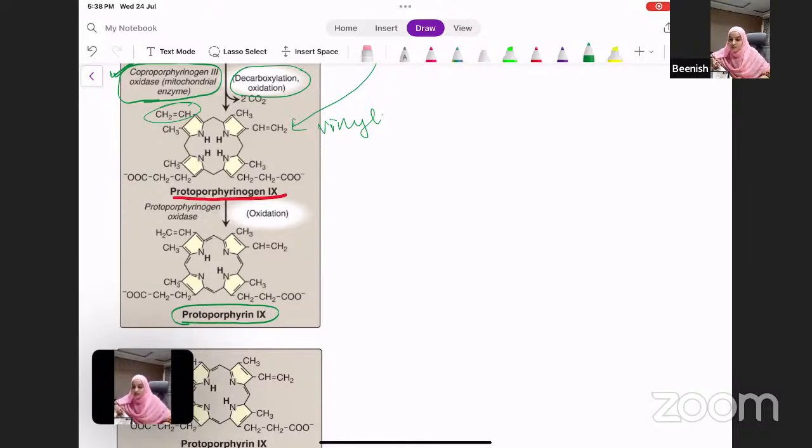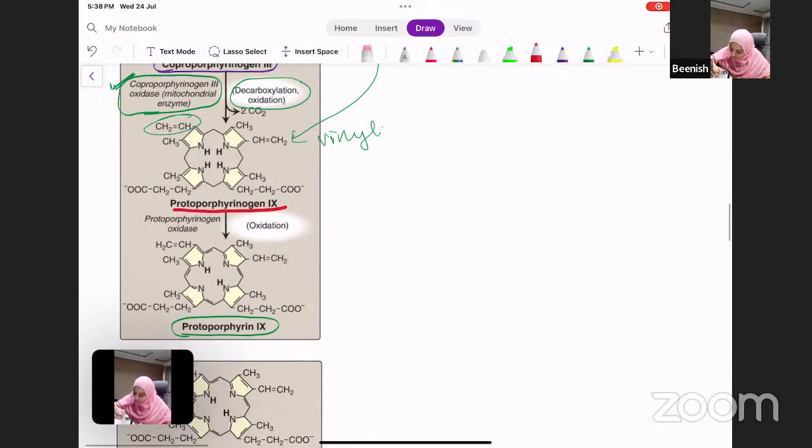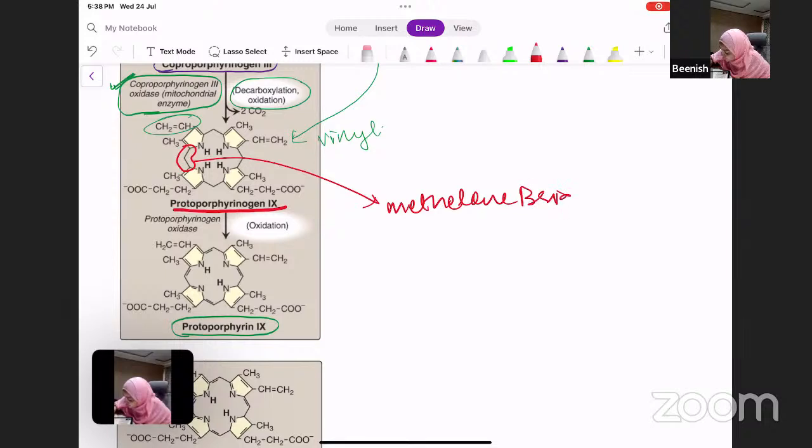Now, what is the difference between protoporphyrinogen and protoporphyrin? The difference is only between the bridges that are joining the pyrrole rings. As you can see, in protoporphyrinogen, you have which bridges? You have methylene bridges. Okay, so here you have methylene bridge.